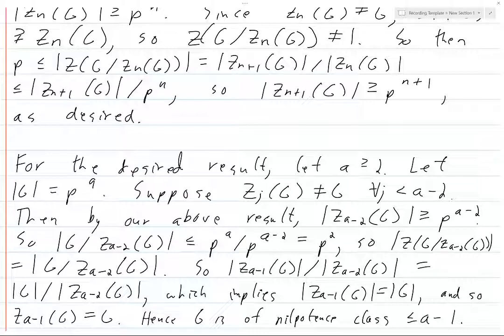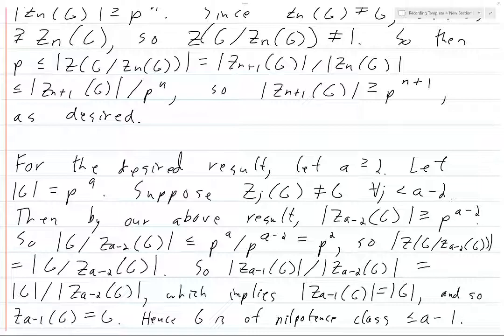And then for any a strictly greater than 2, then obviously you can apply the previous paragraph. So what was really bothering me at the end there was that thing I forgot about how centers work, which was kind of dumb of me.